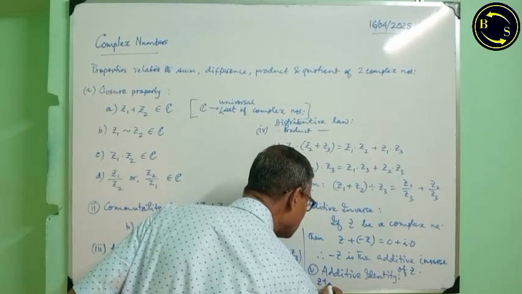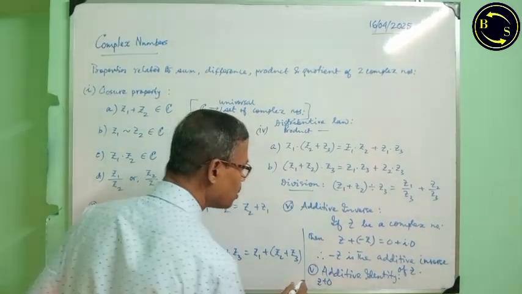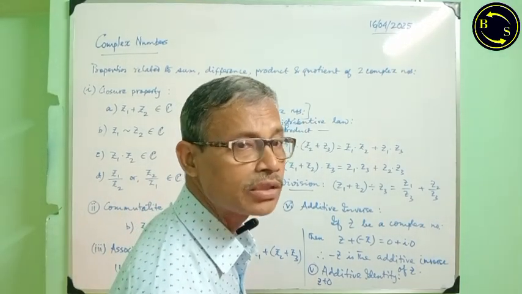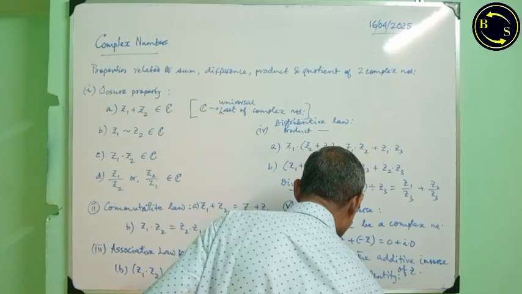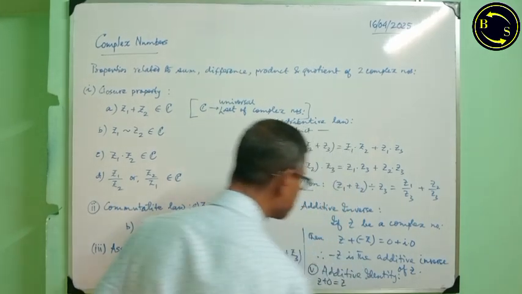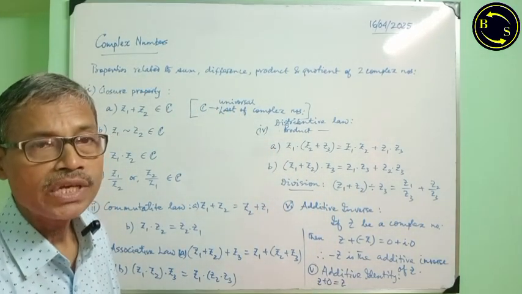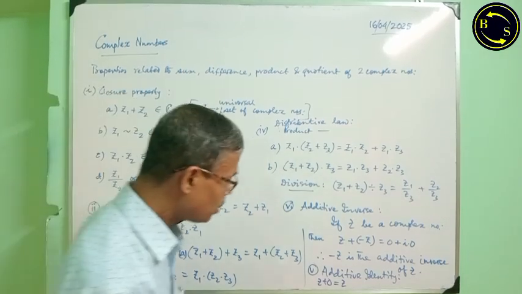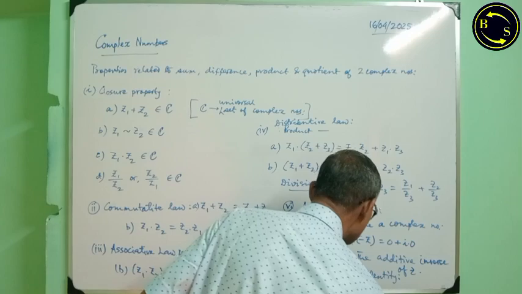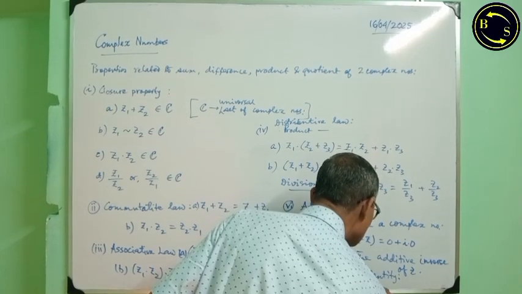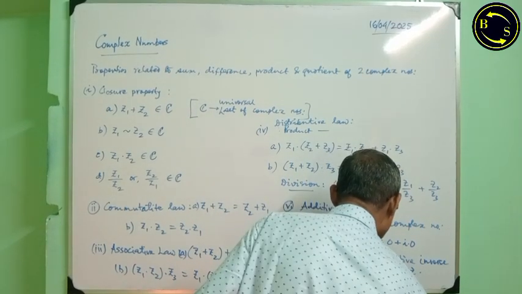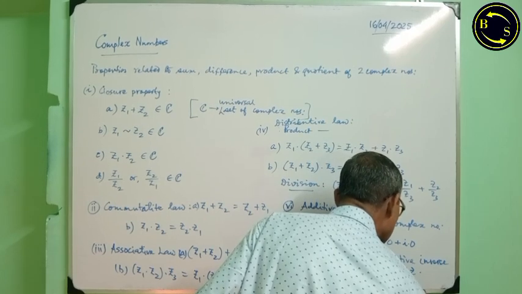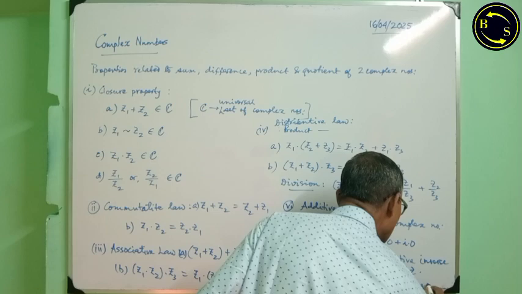If we add with it the complex number 0, which can also be written as 0 plus i into 0, the result will be the complex number, sum of Z and 0. Then result is Z. That is why 0 is the additive identity.